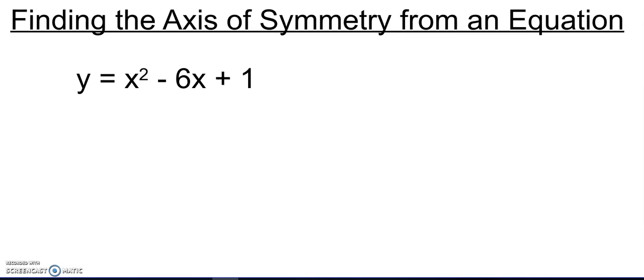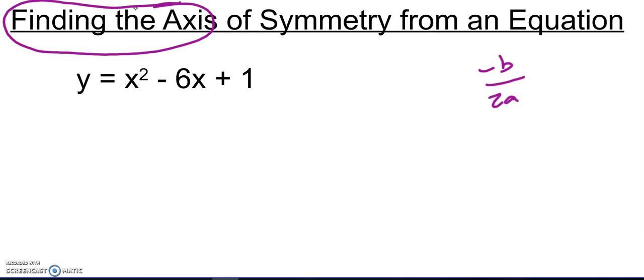And this works for every single quadratic function given an equation. And we'll talk more about this as well as the graphs as we keep building upon these concepts. But given an equation, there's a formula that we can use, and it goes like this: -b over 2a. And this is what we use to find the axis of symmetry given an equation.